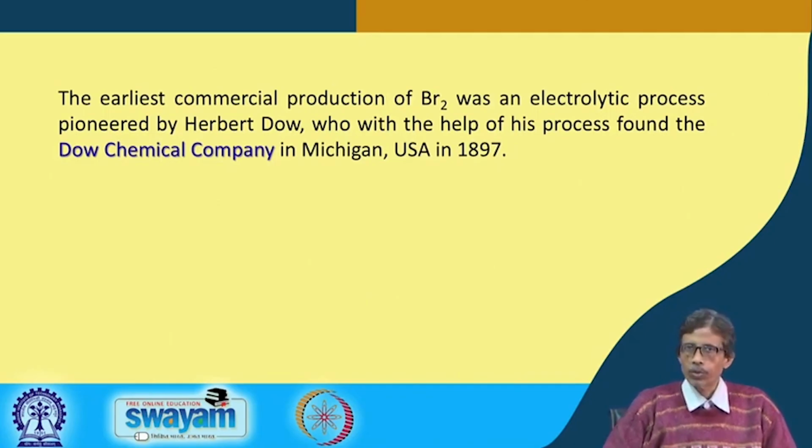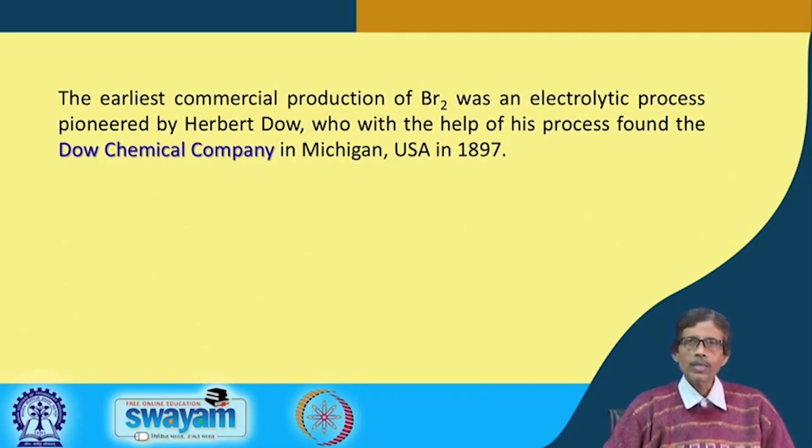But who was that person? It is Herbert Dow, who with the help of his process founded the Dow Chemical Company in Michigan, US, where he first introduced the electrolytic process, which was useful for making Br2.